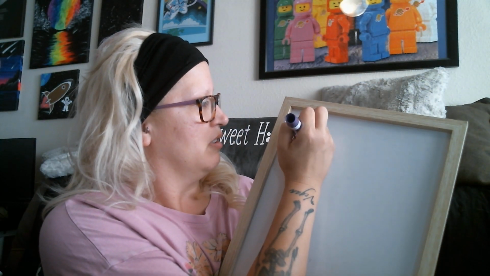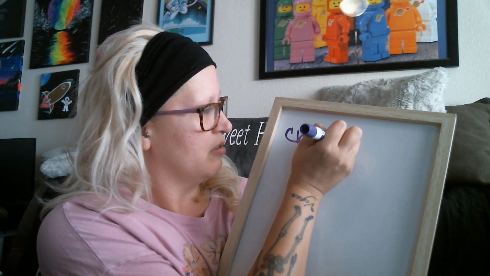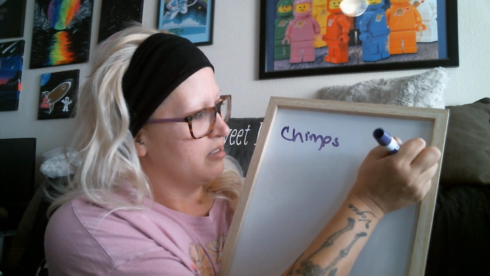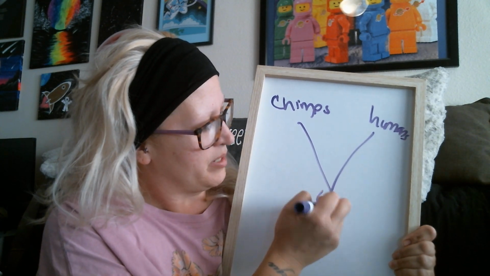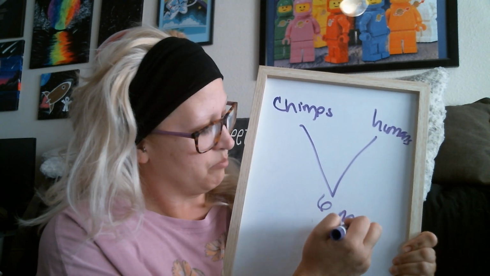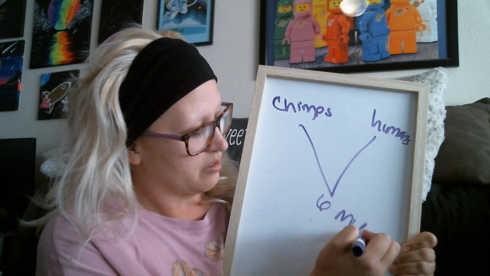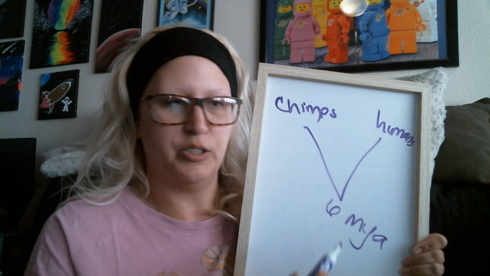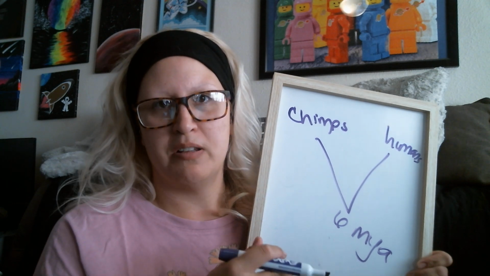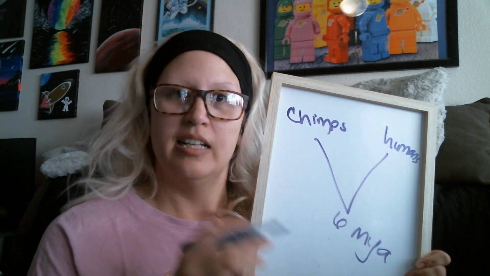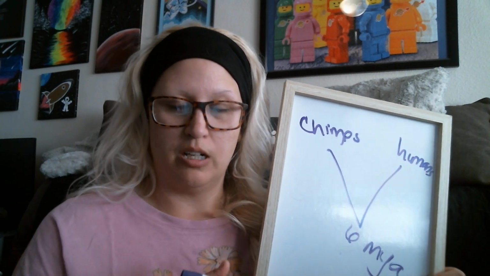We've got chimps, humans, right? And then we'll say our last common ancestor was about 6 million years ago. And so it's this nice little straight line on either side. To get the point across of the relatedness, this is fine, right?